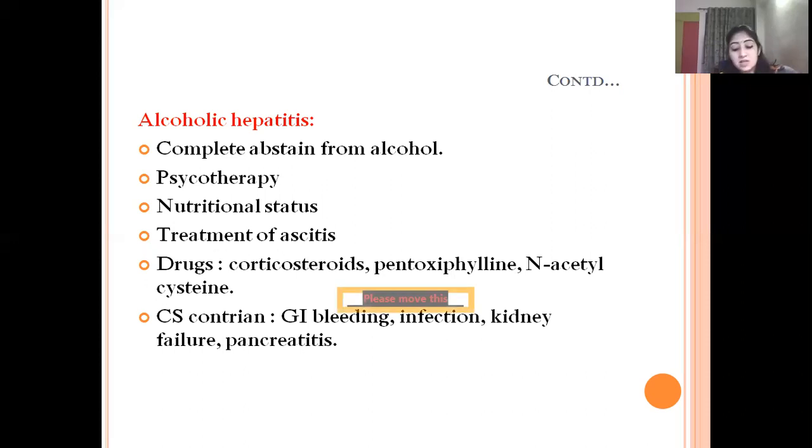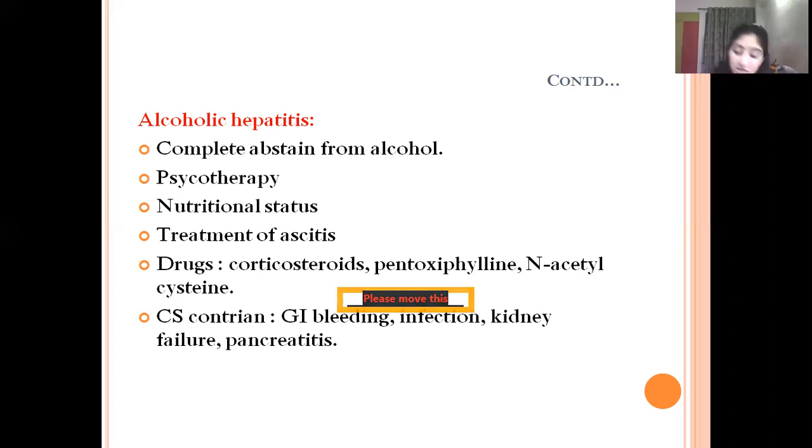So let us now discuss some important questions which can be asked in examination or in viva. The most common question often asked is, what is Australia antigen?